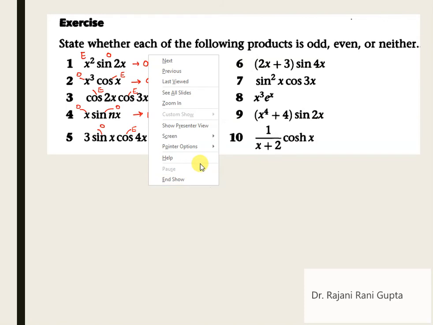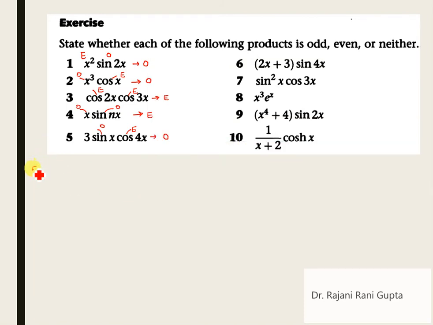Okay, or sometimes if you don't want to do it in this way, what you can do, say for example, you write your function f of x as 3 sine of x cosine of 4x, and we want to check if it is even or odd. So for that, simply replace x by minus x. So what we will get, 3 sine of minus x cosine of minus 4x, right?